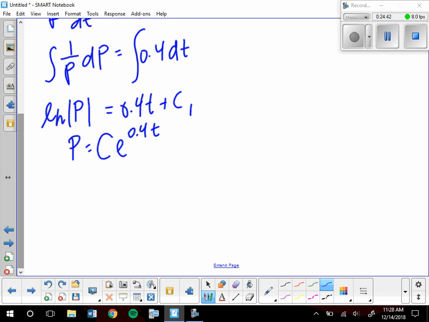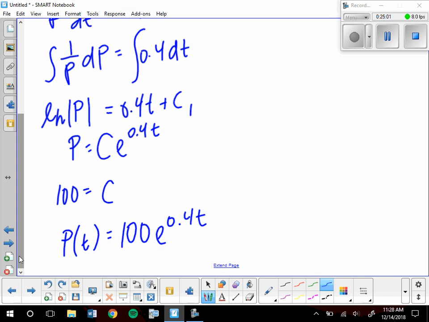I'm going to plug in my initial condition (0, 100) and get 100 equals c e to the 0, which is 1, which means that my final population model is 100 e to the 0.4t. So that should be your final answer.